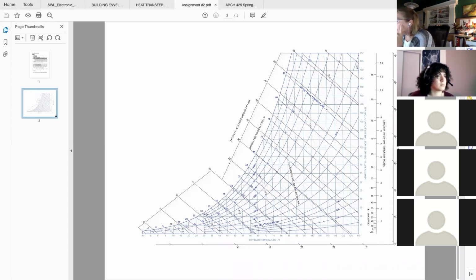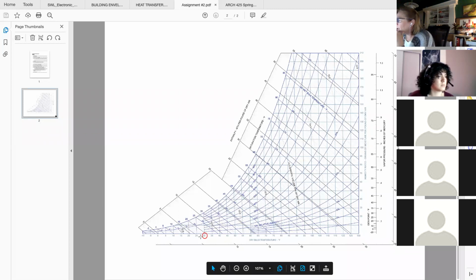The air can only hold, so we look at, I'll use my circles again, at 30 degrees, you go up. The vertical and horizontal lines are just to help you maneuver around the chart. What you want to read are the curved lines or the diagonal lines and the numbers at the bottom and on the side.